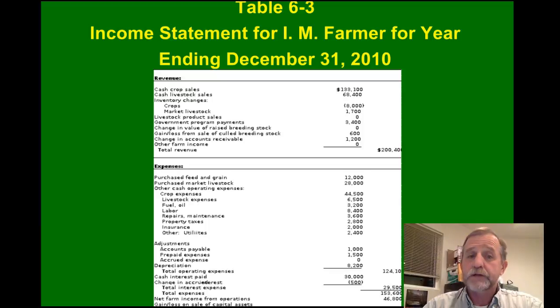So that's reflected in our total revenue, and thus our bottom line, our net income, is changed because of that. It's a true picture of our production and our profitability within the ranch by taking that inventory change.